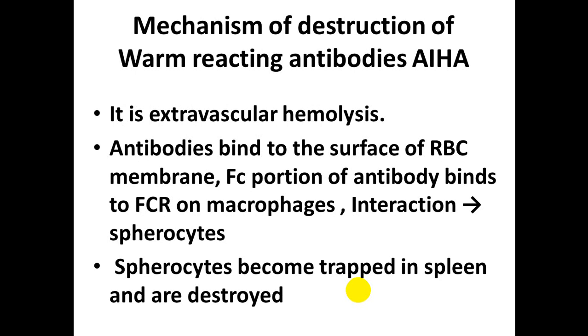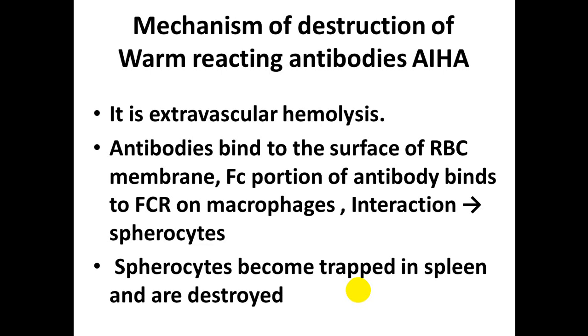Mechanism of destruction of warm-reacting antibody autoimmune hemolytic anemia. It is extravascular hemolysis. That means in the macrophage, in the liver or spleen. Antibodies bind to the surface of red blood cell membrane. Fc portion of the antibody binds to Fc receptor on macrophage.